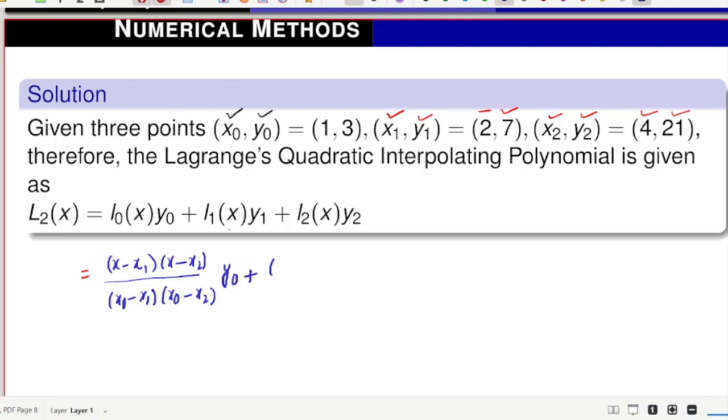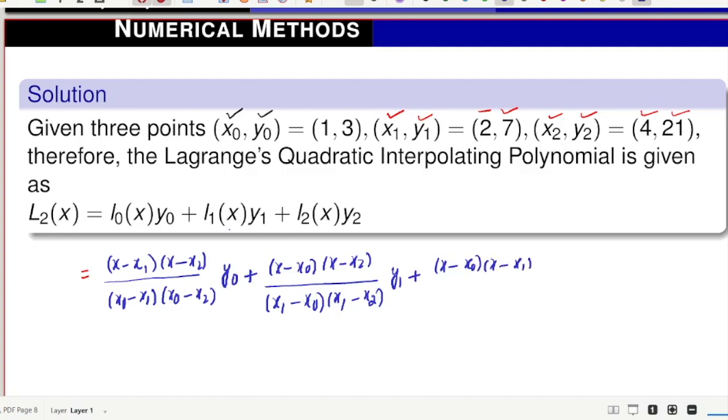Now for L1 of x, we skip x minus x1 only, so we write x minus x0 and x minus x2 whole divided by, now replace x by x1, so it's x1 minus x0, x1 minus x2 into y1. Then plus L2 of x, we skip x minus x2, so we write x minus x0 into x minus x1 whole divided by, now replace this x by x2, so we get x2 minus x0, x2 minus x1 into y2.